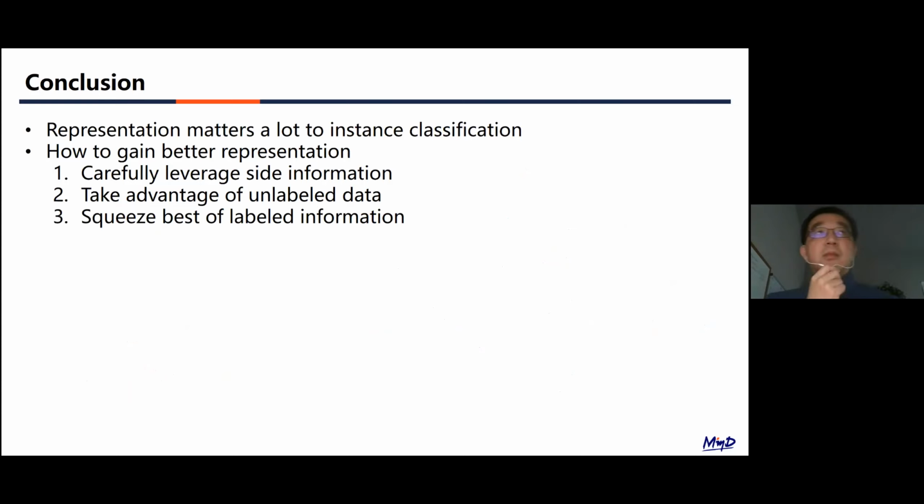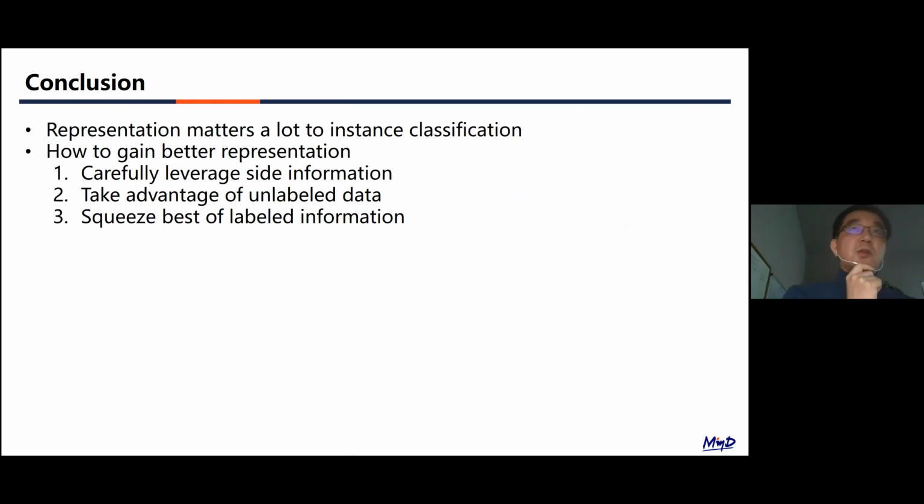Okay, so as the conclusion, I just want to reiterate the simple point that for instance-level searching, matching, and classification, representation is a very important issue. Now, as we can see, we have 3 different ways to guide our learning of representation. One is by the side information.